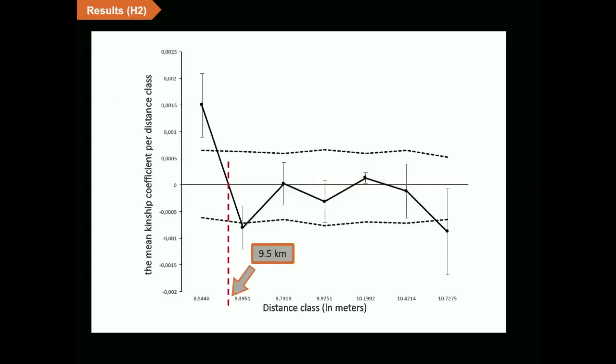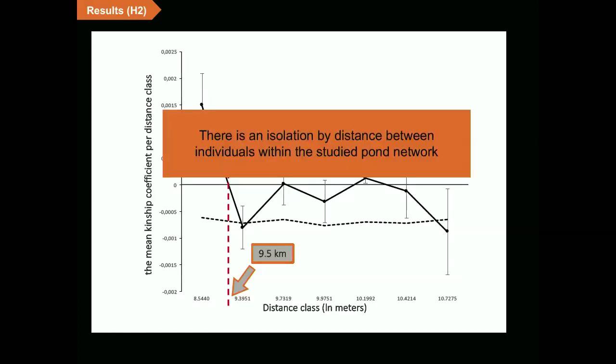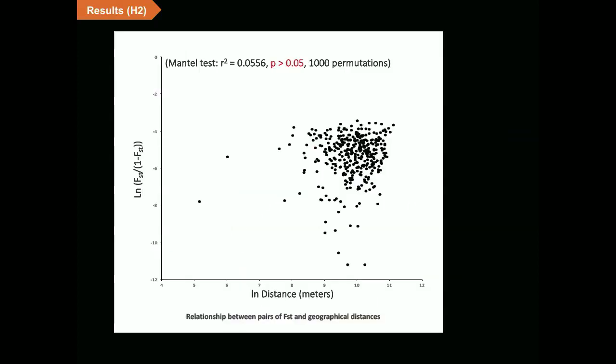Then we show the kinship to see the isolation by distance, and we showed that there is an isolation by distance between individuals within the studied pond networks.